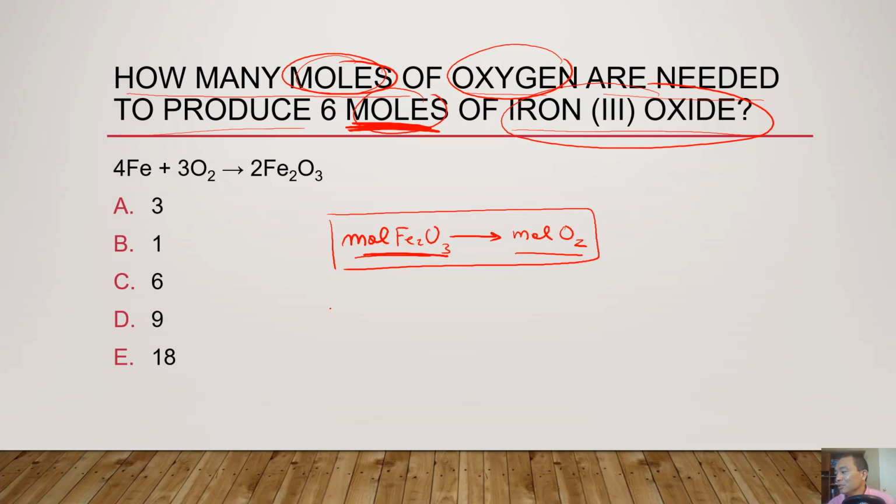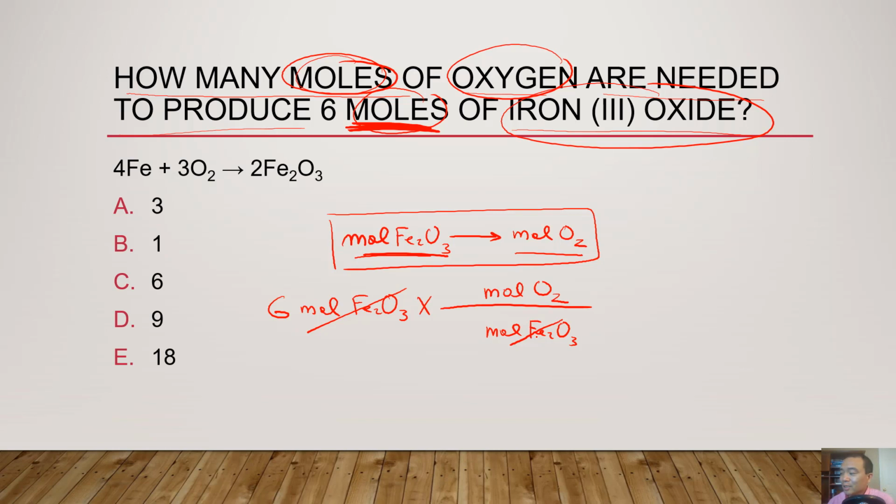So for this reason, we're going to start. You have 6 moles of iron 3 oxide. Now we're going to convert to moles of O2. You need to cancel out moles of Fe2O3 and then convert it to moles of oxygen. Remember, moles of Fe2O3 is canceled.